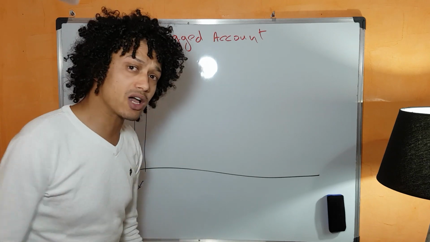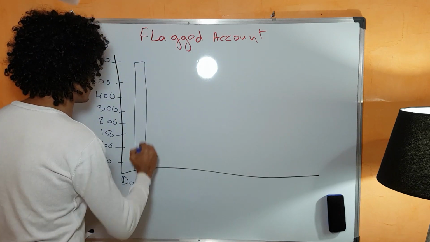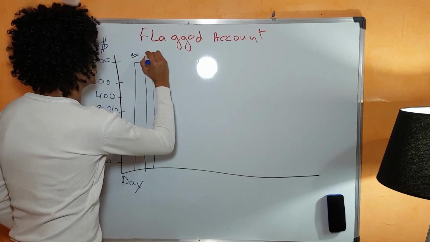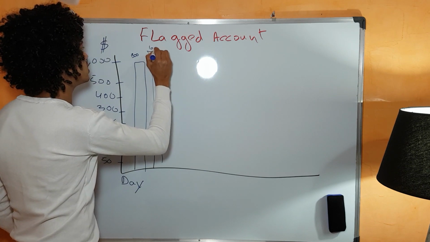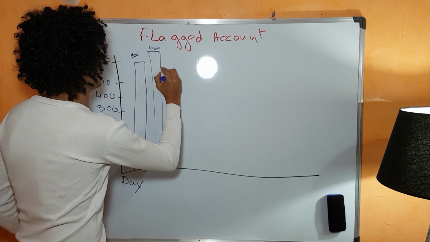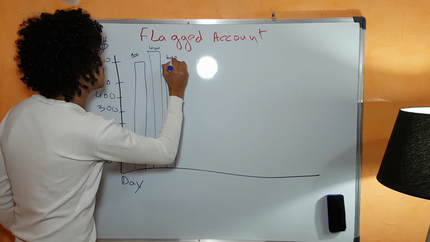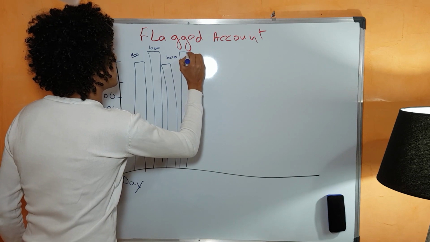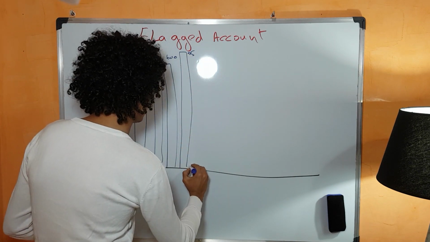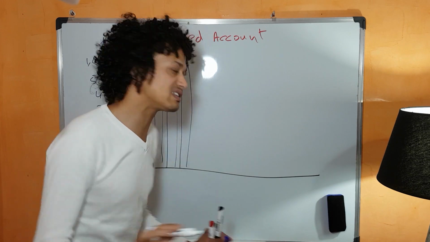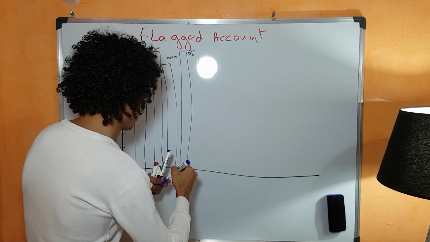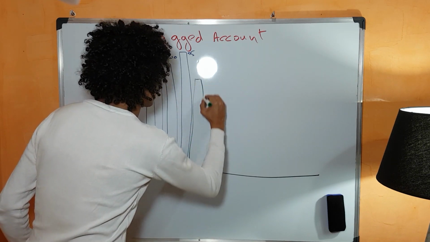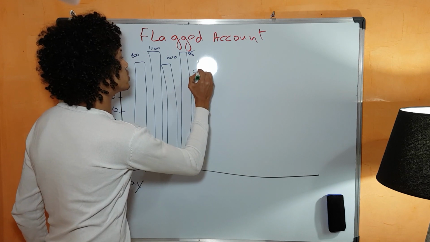So if your eBay account was going like this, and this day you got $900. Alright, so on this date you got $1,000. This date you got $600. This date you got $950. Alright, and those are normal sales. So even though if it goes like this, then it's fine, that it's $500.